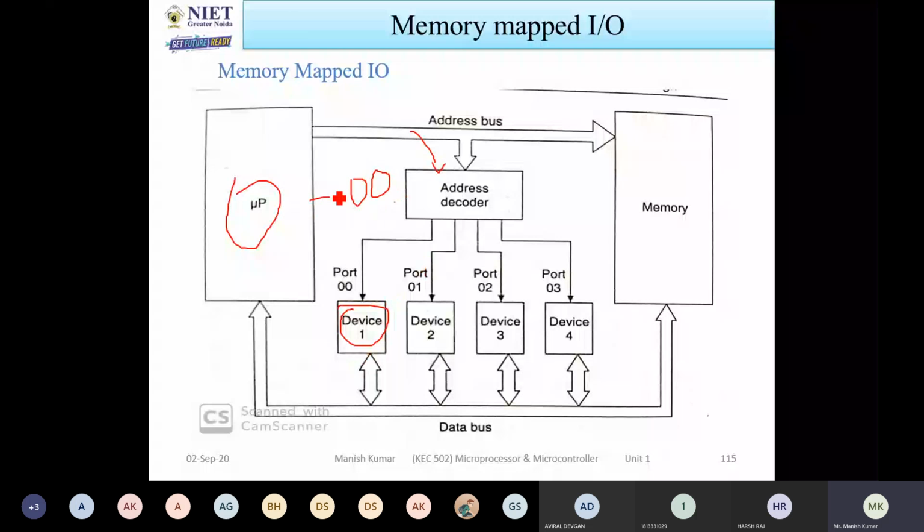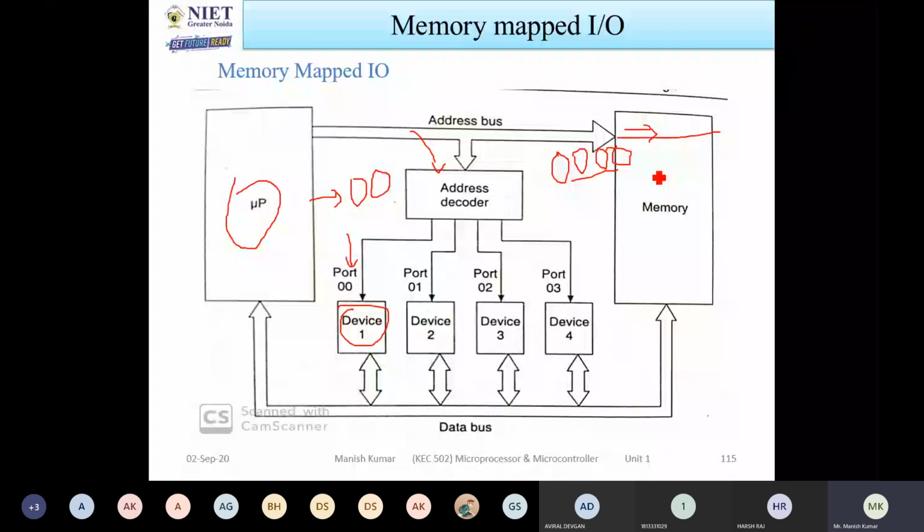When you provide address 00, device 1 will be used. But at the same time, what will happen? This 00 you are feeding is also considered as 0000H. So in that case, this memory location also will be accessed. Okay? So both will be selected, but you have to select only one at a time.